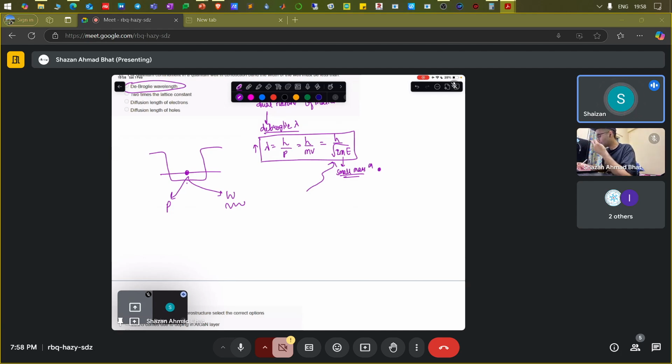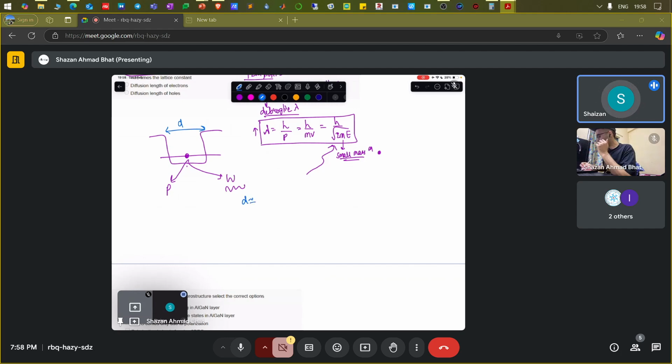It is this particular dimension in which it is placed. Let's call it d, the thickness of this barrier. If this thickness is of the order of lambda, the de Broglie wavelength, then the electron behaves as a wave.